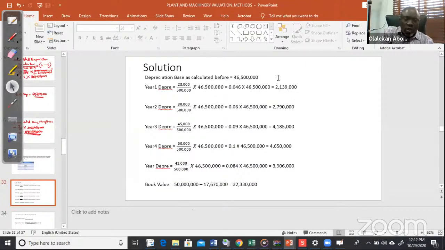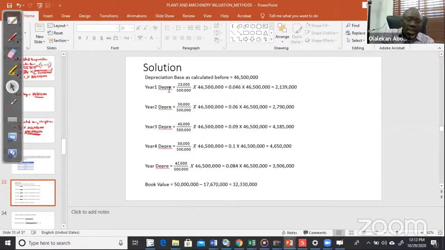Your depreciation base, as calculated before, happened to be 46,500. Now, for year 1, the depreciation charge will be the operation hour in that year divided by the total productive hours, then multiplied by your depreciation base, which is your depreciable sum.